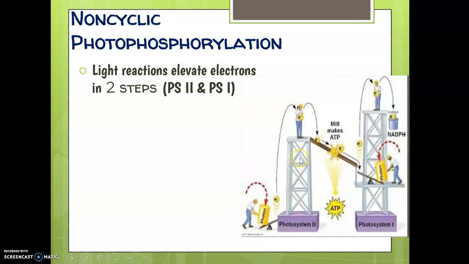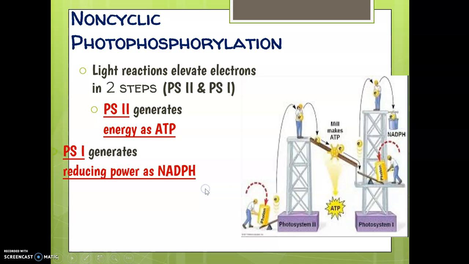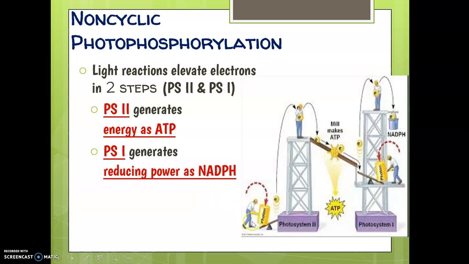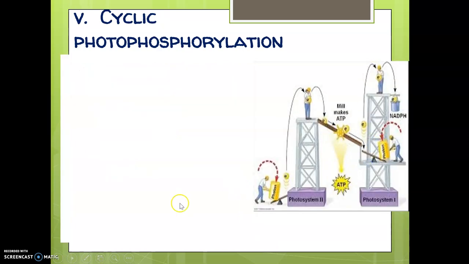Okay, from there, we're cycling through our electrons, pushing them along the chain, and from that energy that we are getting, we're making ATP. Okay, so then in photosystem 1, we're going to shoot the electron even higher, okay, so that way it can get to our electron carrier. So PS2 generates the energy as ATP. PS1 generates the reduction power as NADPH.